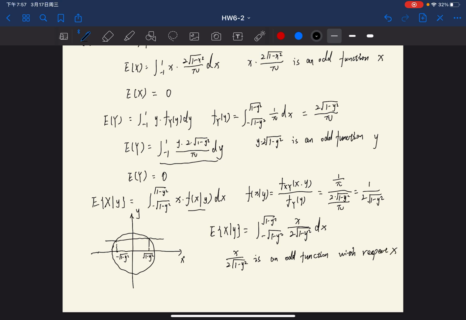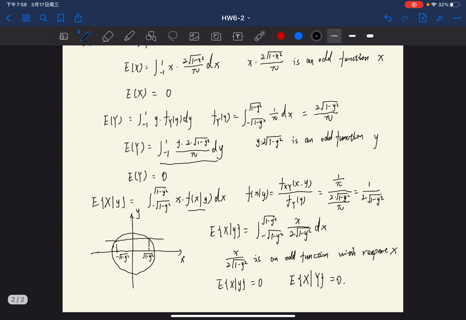So it is obvious that the integral equals 0, because the integral region is from negative square root of 1 minus y to the power of 2 to the square root of 1 minus y to the power of 2. So this part equals 0.